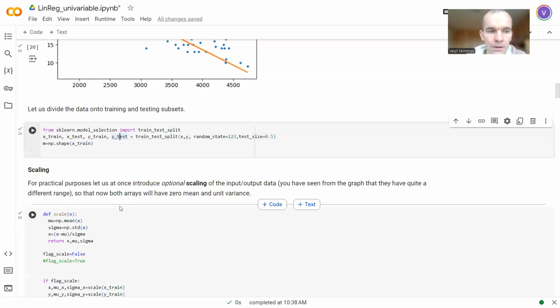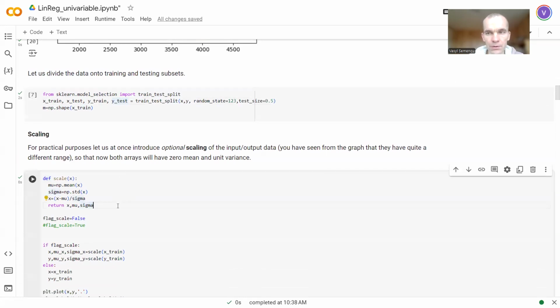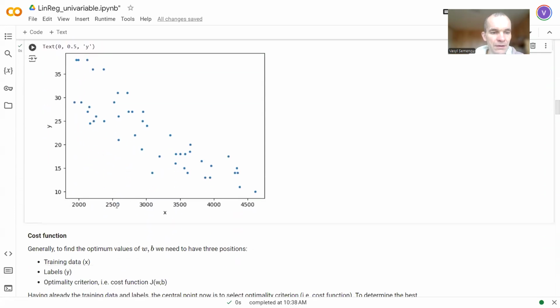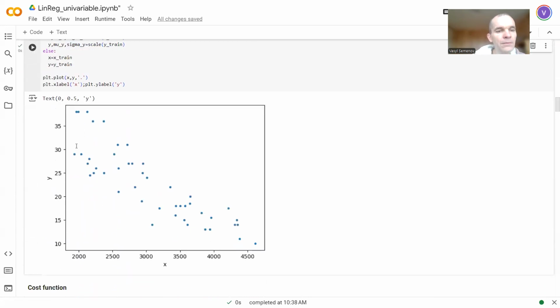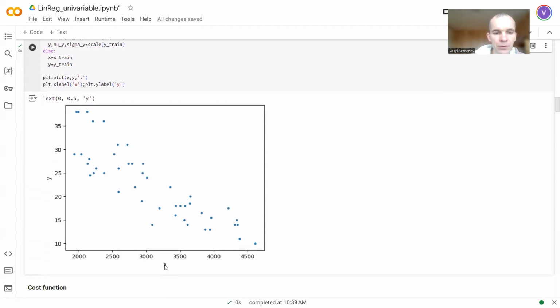Also, I would like to mention one important moment: very often, and in particular in our example, data should be scaled to have the same range, because we can see that here X and Y have completely different ranges. X is from about 2000 to 5000, and Y is just from 10 to 14.